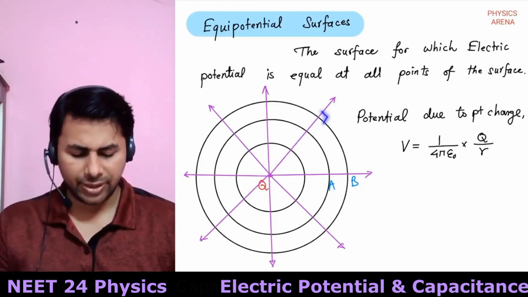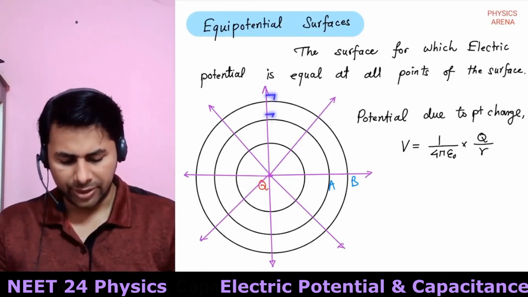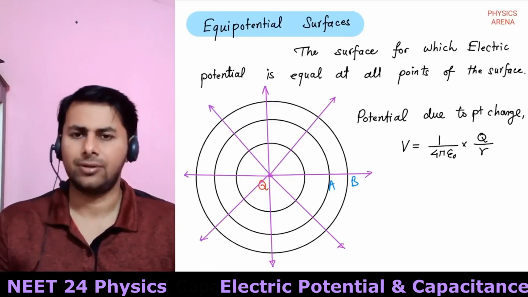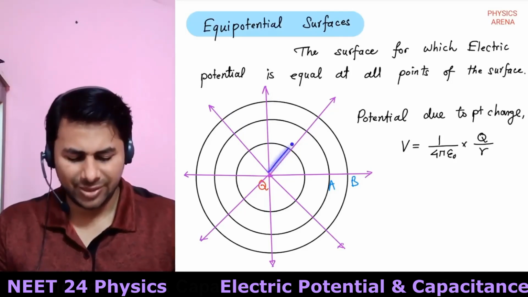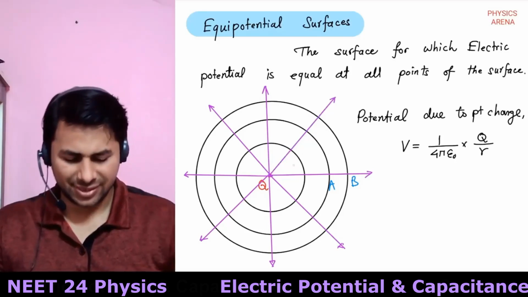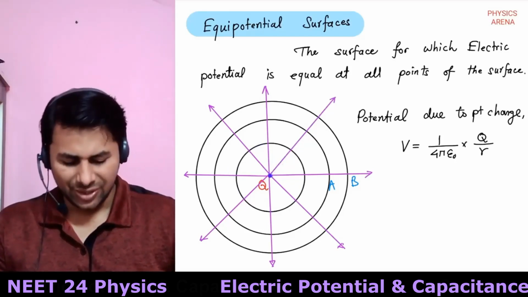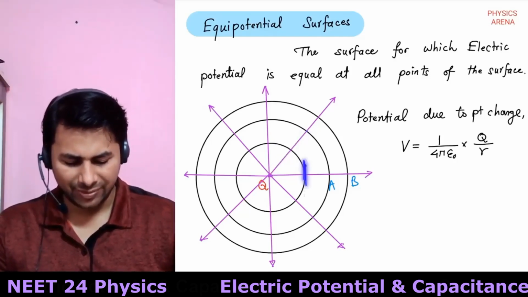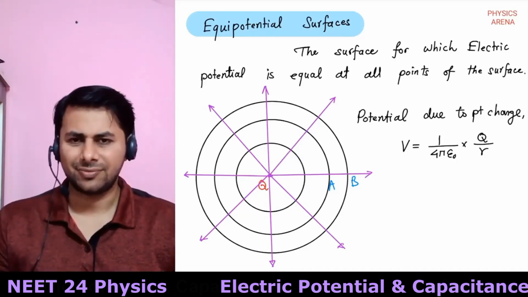How much is the angle between the electric field and the equipotential surface? The electric field is along the radius and this is a sphere. So what is the angle between these two? How much is this angle everywhere? 90 degrees, right?